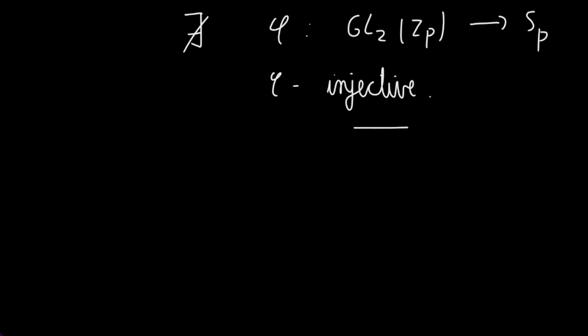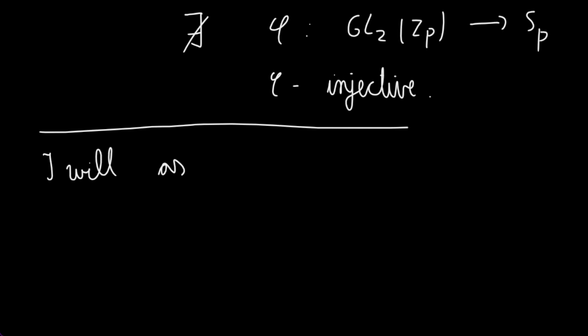Like in many problems, the basic idea is to assume the contrary. So I will assume that there exists an injective morphism from the general linear group to SP.